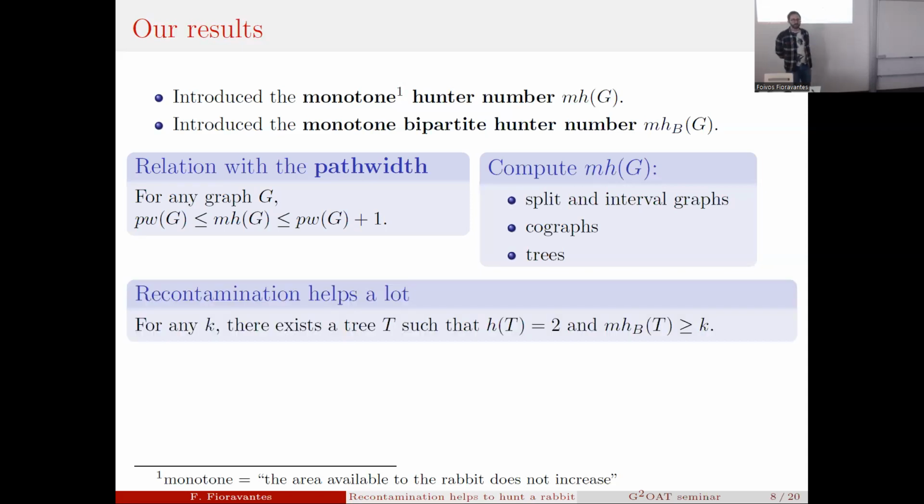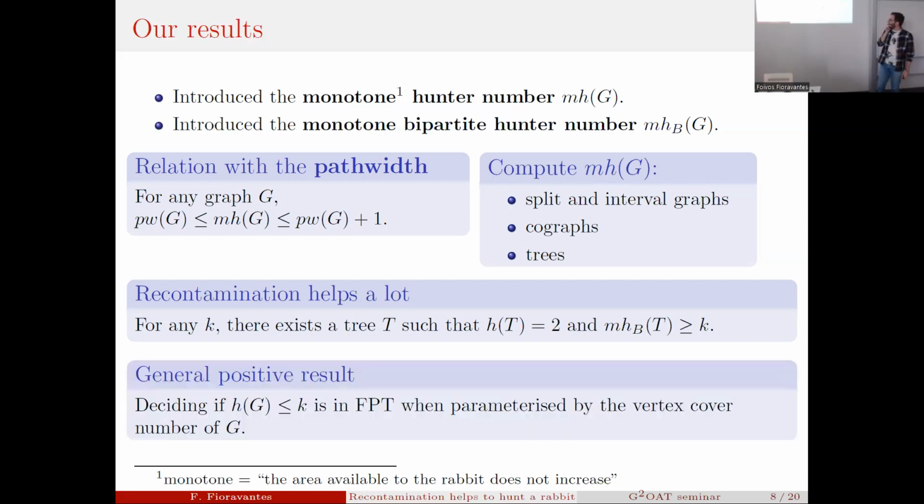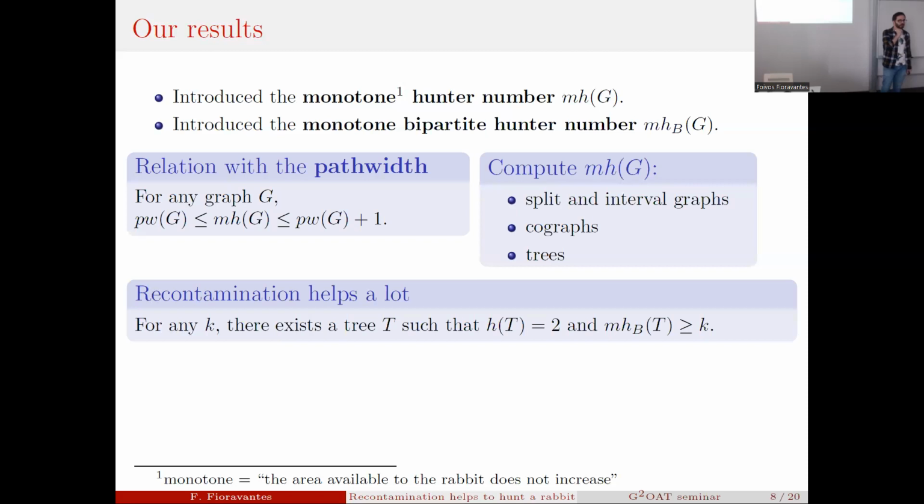And then we showed that the monotone hunter number does not help us, because there exist trees for which we can do with 2 hunters normally, but if we require monotonicity, this number goes up arbitrarily, which was not what we expected when we started working on this.